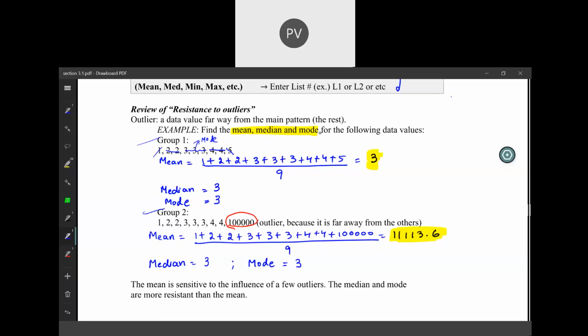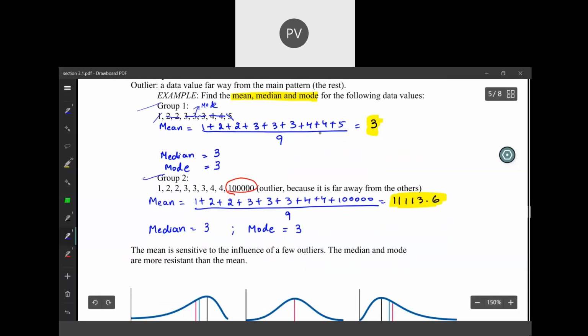That's why I said in the beginning that mean is not resistant. It will change if there is an outlier present in the data set. The median and mode are not changing at all. We have the same result for median and mode in the two different groups.